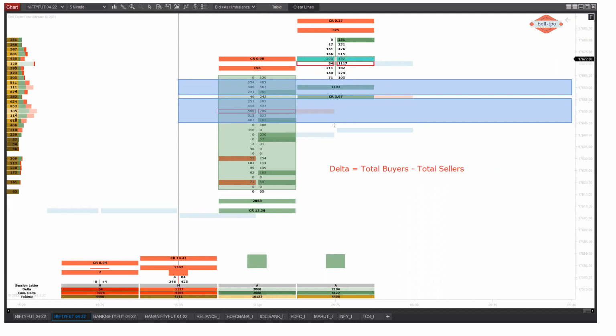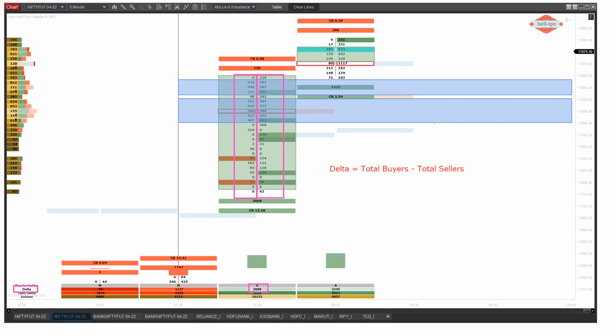We're going to sum up all the buyers on the buy side, add up all these values, and add up all the sellers on the left-hand side. Then if I make the difference, I'll get the value of delta. That delta value is what is represented here at the top of my column, 2068.